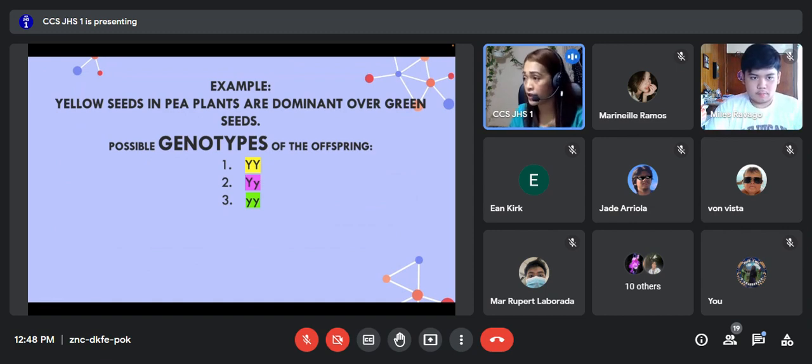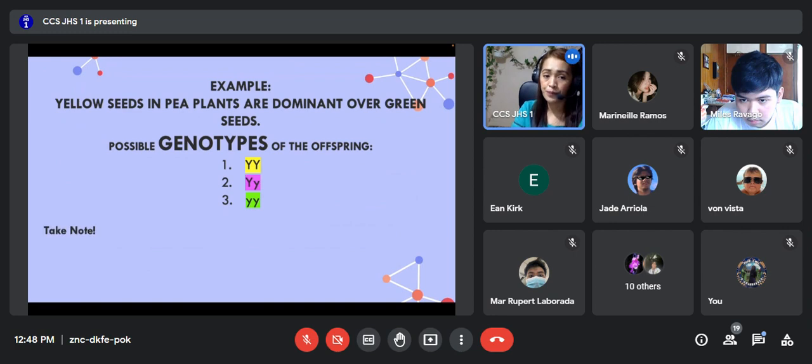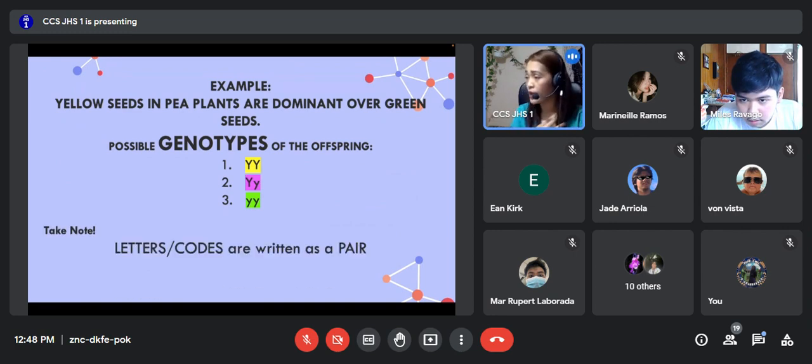Notice that here, we're no longer dealing with words. Instead, we're only using two letters, and they are actually the same letter, just different in terms of their cases or capitalization. So take note, when we write the genotype, it is always written as a pair, okay?